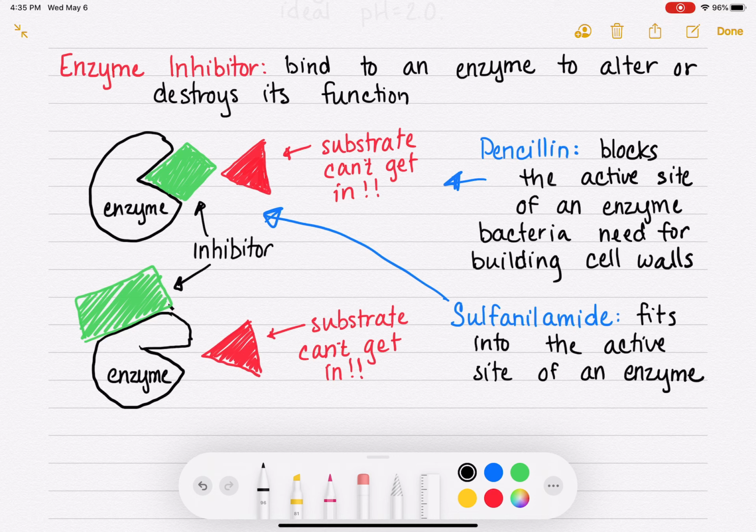And this is an enzyme that bacteria need for growth. And they also use it for reproduction. So with sulfanilamide, the bacteria that already exist can't get any bigger, and they also can't reproduce. So it is also an effective antibiotic and works by inhibiting bacteria's enzymes.